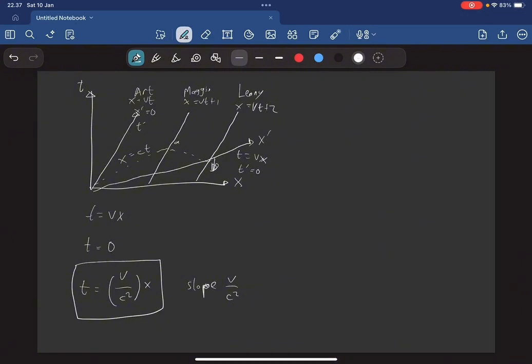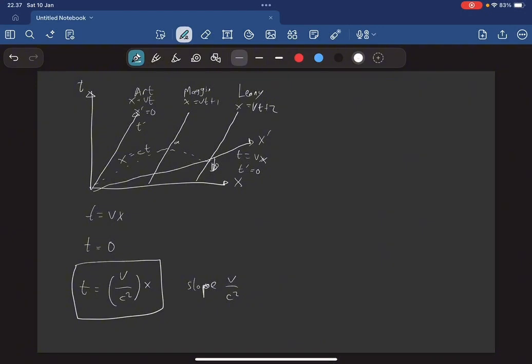In other words, the x prime axis here would be almost exactly horizontal. The surfaces of simultaneity in the rest and moving frames would almost exactly coincide, just as they would in Newtonian physics.